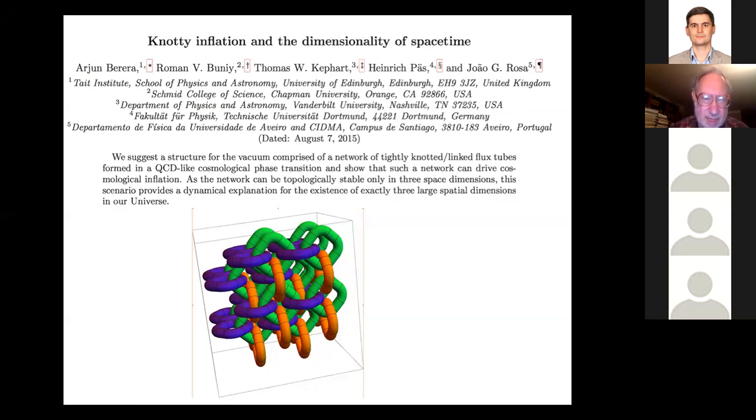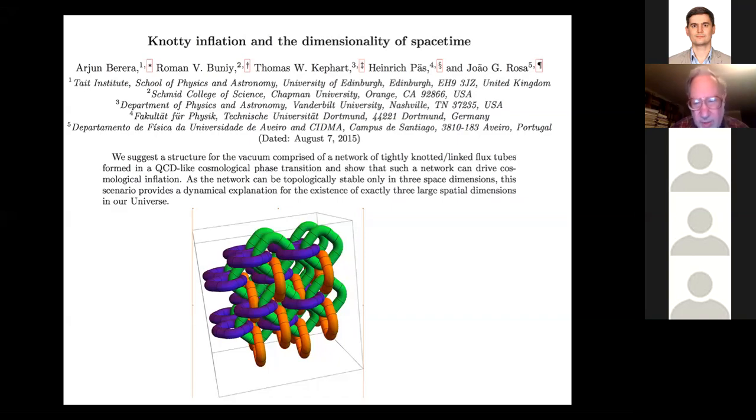But what is the idea here? For Buniy and Kephart, it's a very concrete idea. They say maybe the glueballs are knotted, and maybe they have a tendency then to contract to the least forms of the knot. But their energy would be constrained by the least form of the knot as the knot got pulled down into a tight form.